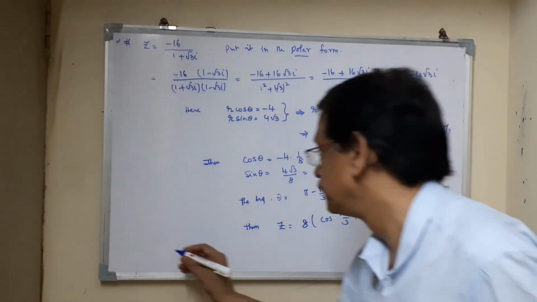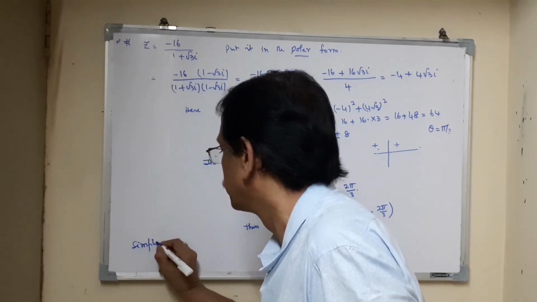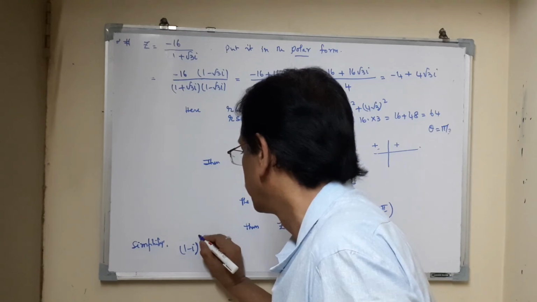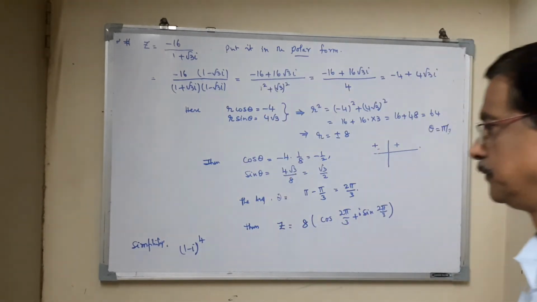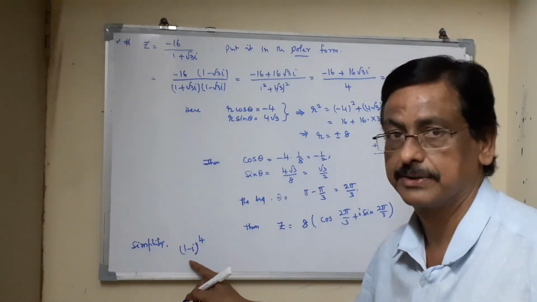I just want to simplify (1 minus i) whole power 4. This I can do in two ways.